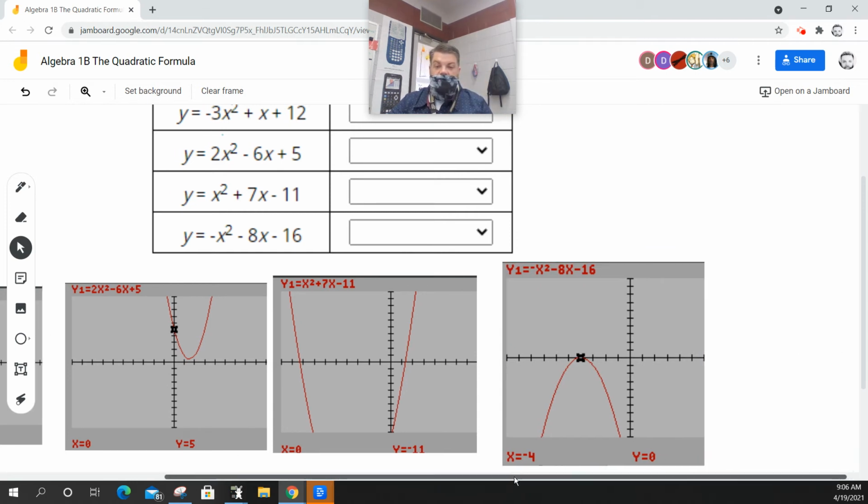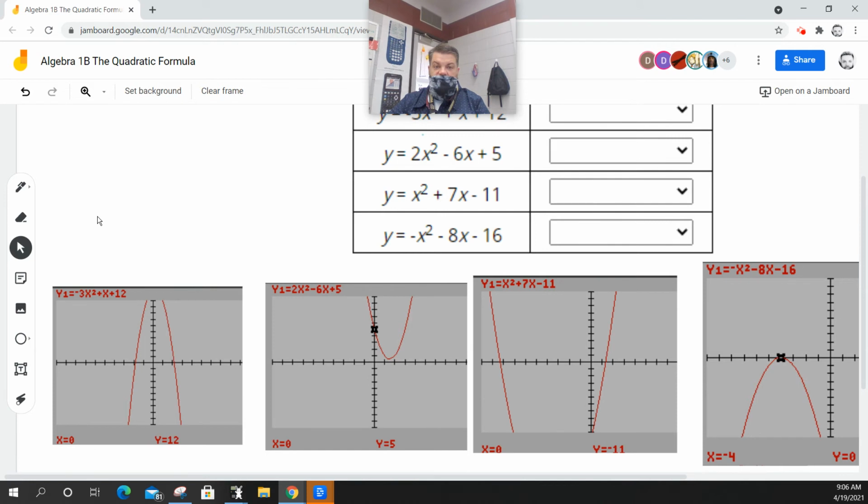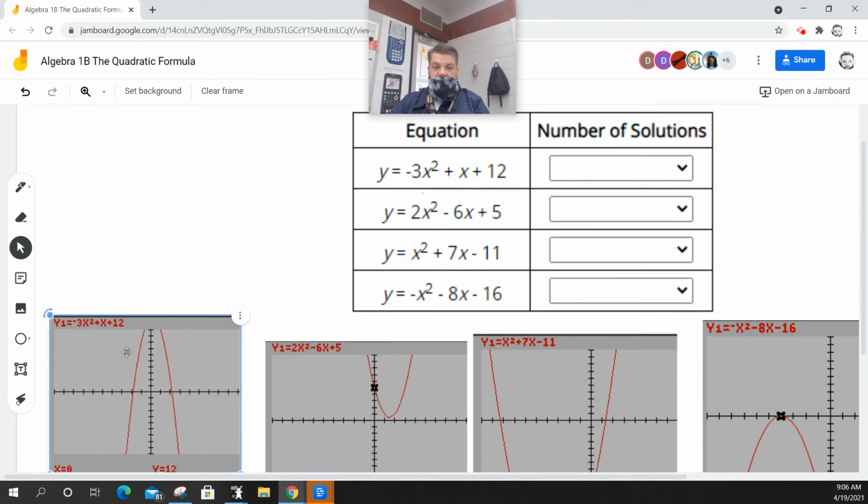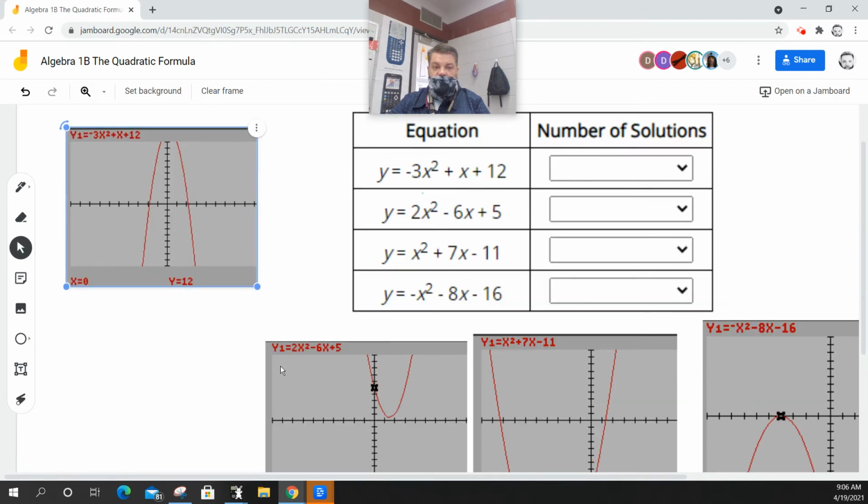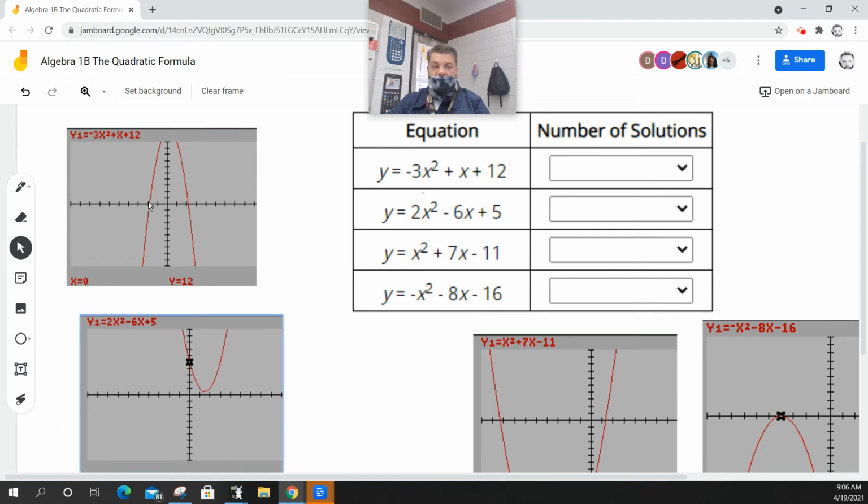All right, so let's go through here and jot some answers down. So our first graph is this one, and it clearly crosses here and here. So that means this one has two real solutions, correct? So we just say two real solutions. The second one does not cross the x-axis at all, so it has 0 real solutions.